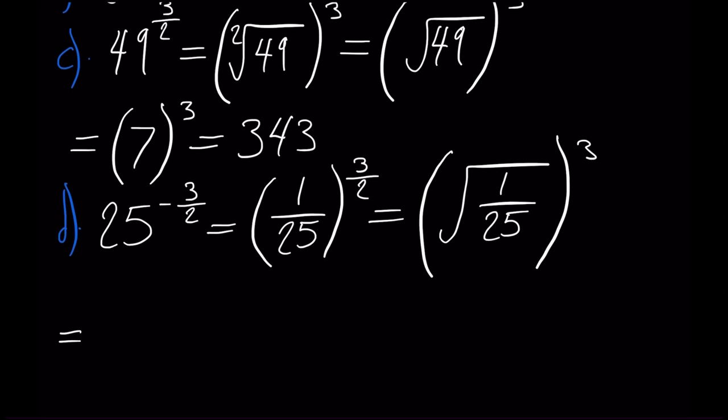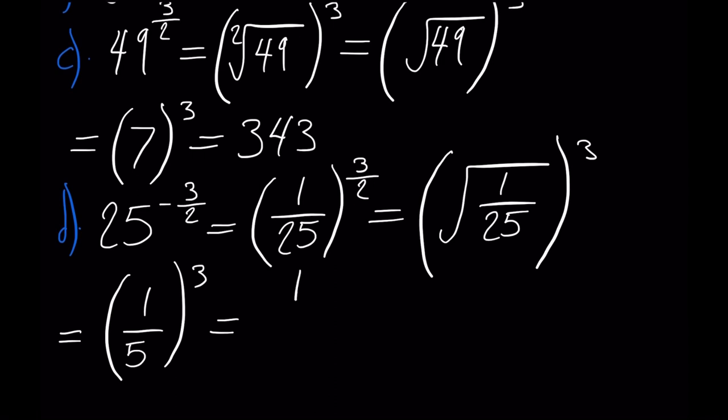Square rooting the numerator and the denominator gives us 1 over 5, all raised to the power 3, and then cubing the numerator and the denominator gives us 1 over 125.